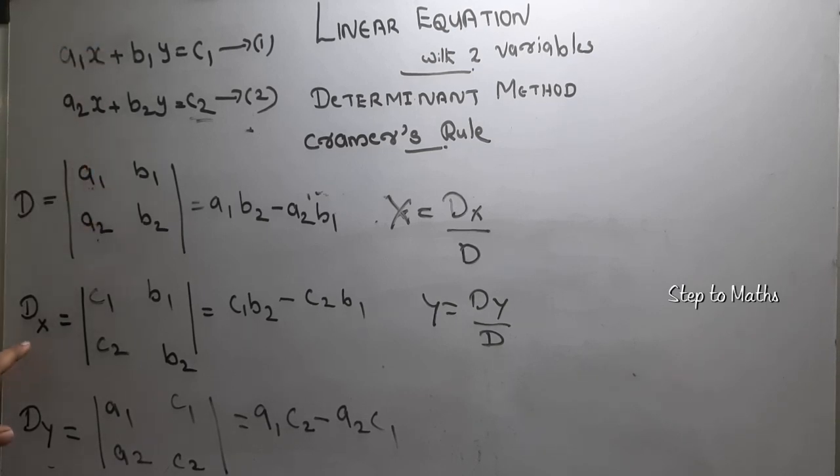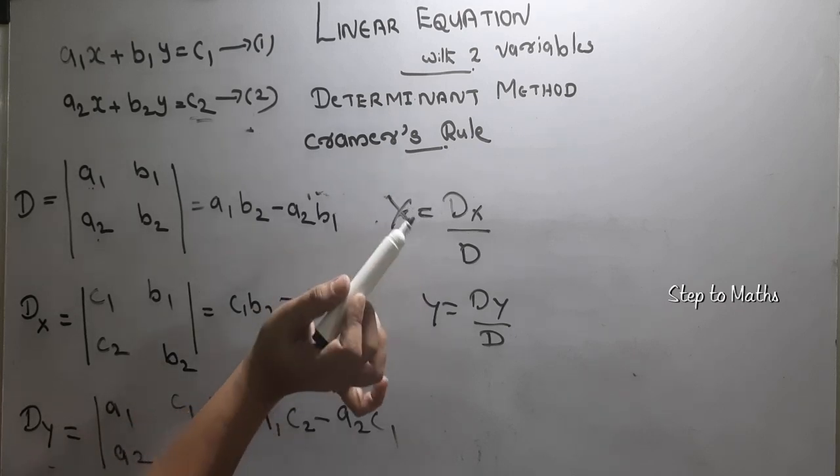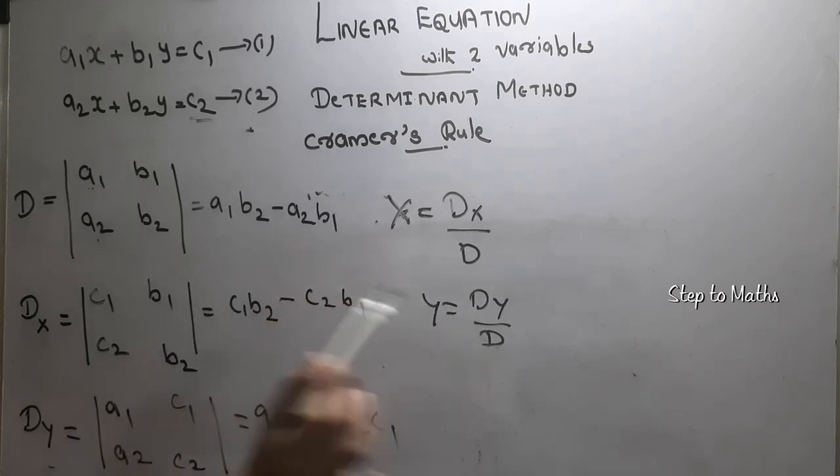To find the value of x, we replace the coefficients of x by C1, C2, and the coefficients of y remain the same. Next, to find the value of y, we replace the coefficients of y by C1, C2. And x is equal to dx by D and y is equal to dy by D.